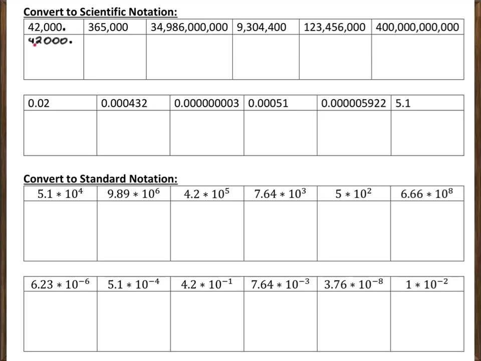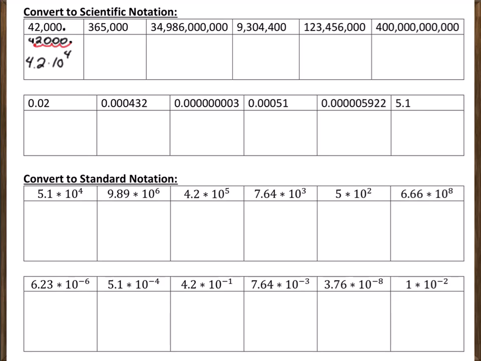Well, the answer is that it would have to move here between the 4 and the 2 to satisfy the rules of proper scientific notation. So in order to move the decimal point from where it is to where I need it to be, I would have to move it 1, 2, 3, 4 times. So that's going to give me 4.2 times 10 to the 4th power. And where did I get that 4 from? Well, I got the 4 from the fact that I moved the decimal place 4 spaces.